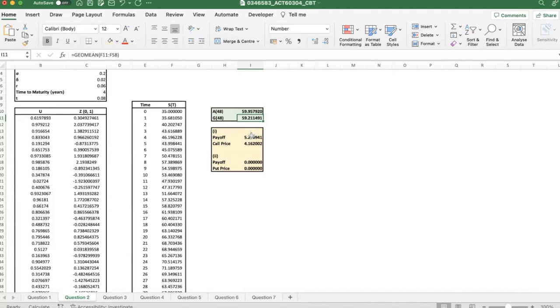Actually it's not square root, but the power of 1 over n. Yeah, my mistake there.